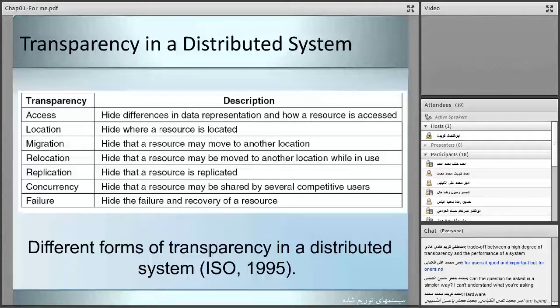For example, one form of transparency is location transparency. It's about hiding the location of resources in a distributed system. And as an example, assume that you are using online banking or you are using your WhatsApp. WhatsApp application is a social network installed on your mobile phones, okay?